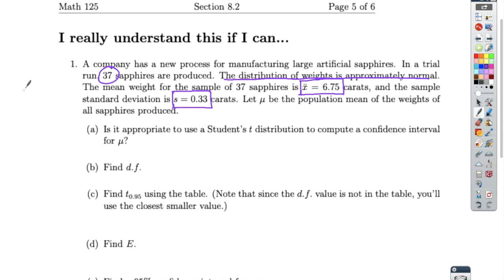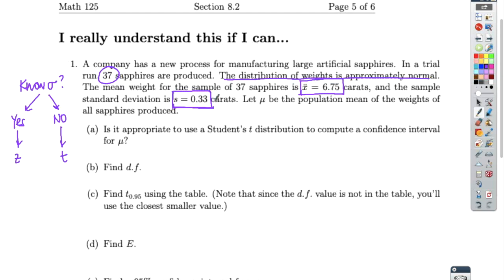Well, remember the decision tree. So do we know sigma, the population standard deviation? If the answer is yes, you use z, and if the answer is no, you use t. And I'm actually going to add on to this decision tree in section 8.3, so commit that one to memory. Well, in this case, let's see, do we know sigma? No, we don't.